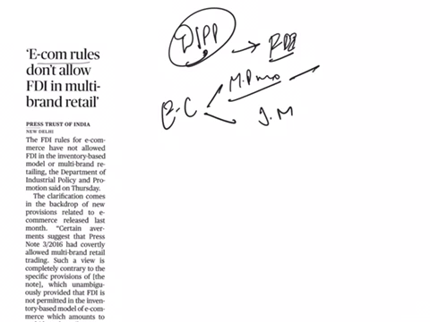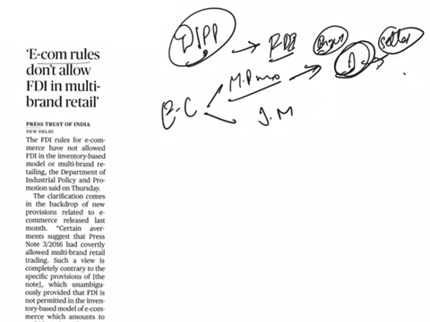Marketplace model means here the e-commerce firm, let us take Amazon, will act as a platform to connect buyers and sellers. There will be a buyer who will use this platform called Amazon to order a book or anything from this particular seller. So in these kind of companies, FDI is allowed.